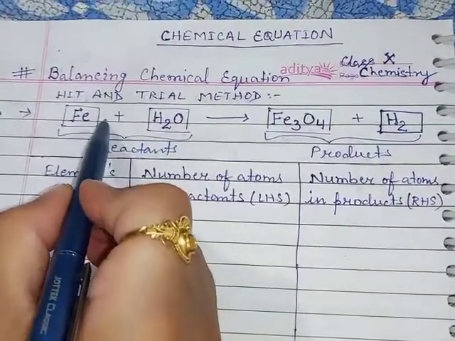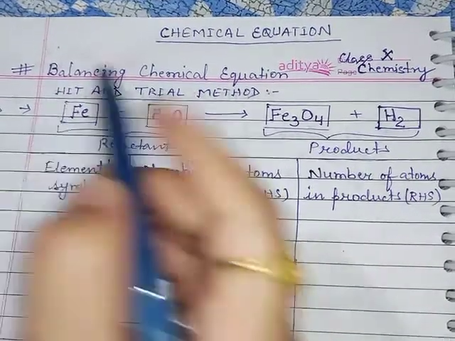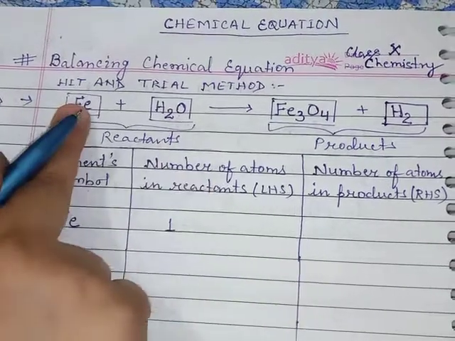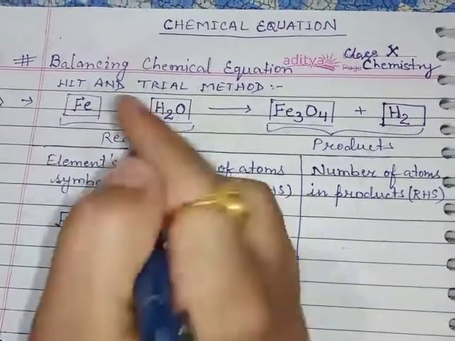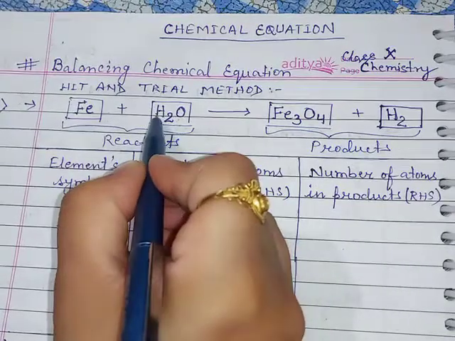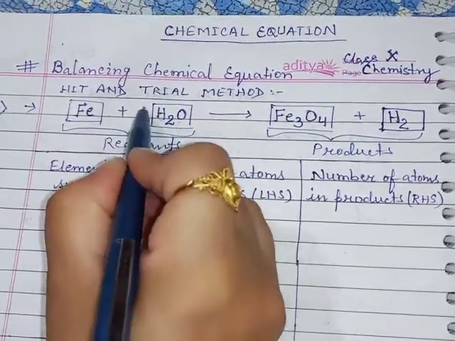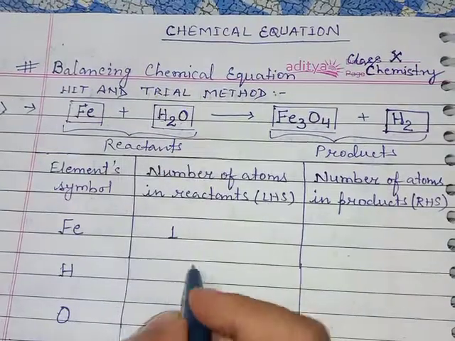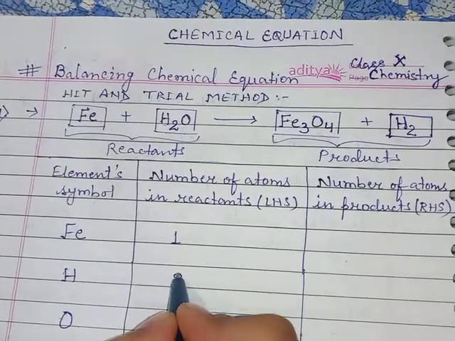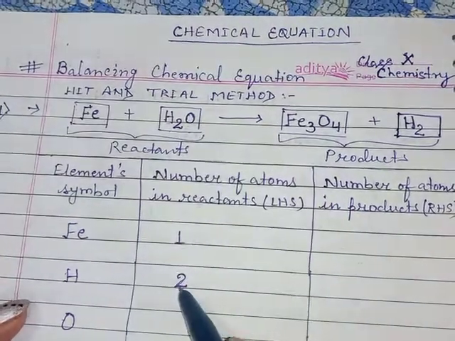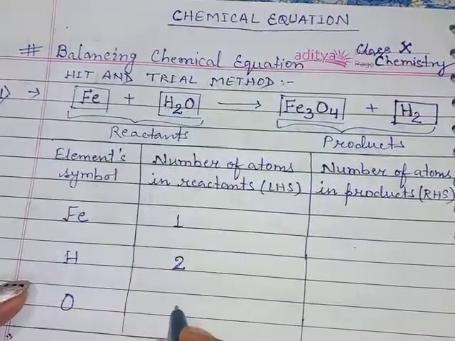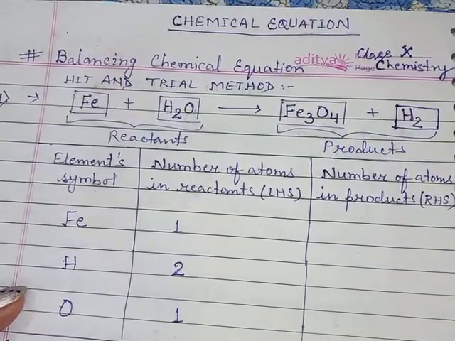Iron, 1 multiply 1. That is, the number of atoms of iron in reactants is 1. The number of atoms of hydrogen is 2 multiply 1, that is 2 in reactants. And oxygen is 1 multiply 1, that is 1.